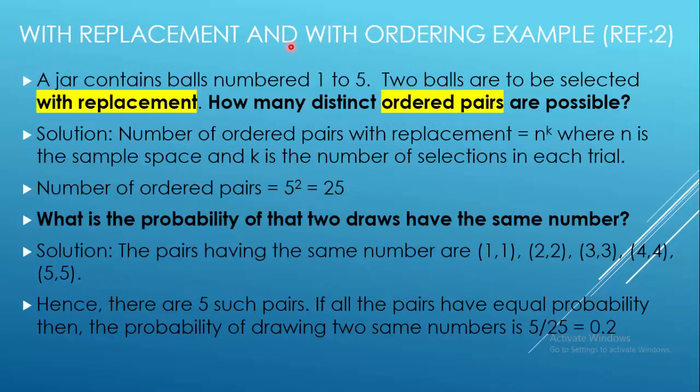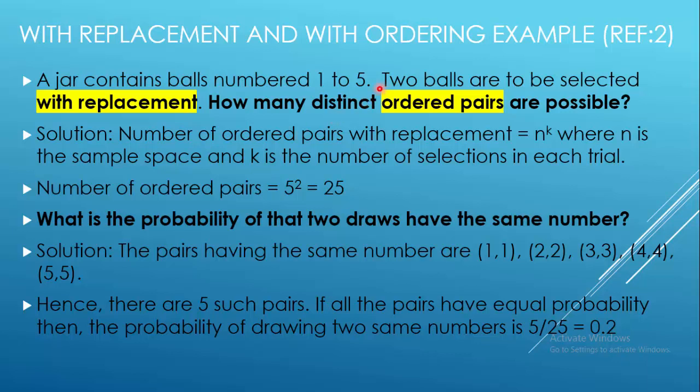Let's look at an example of replacement and ordering. A jar contains balls numbered 1 to 5. Two balls are to be selected with replacement. How many distinct ordered pairs are possible? The number of ordered pairs with replacement is n raised to the power k, where n is the size of the sample space and k is the number of selections in each trial.